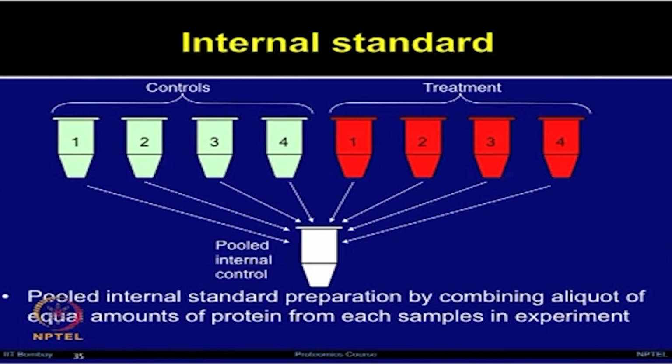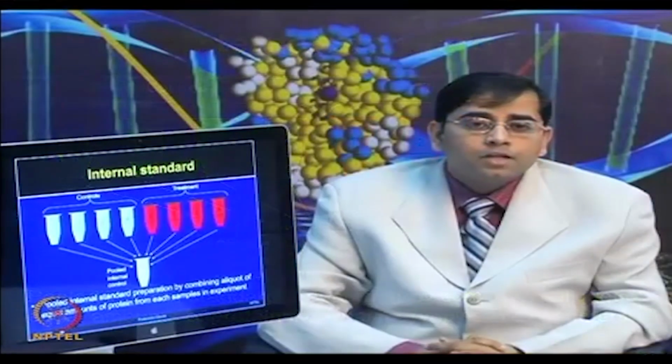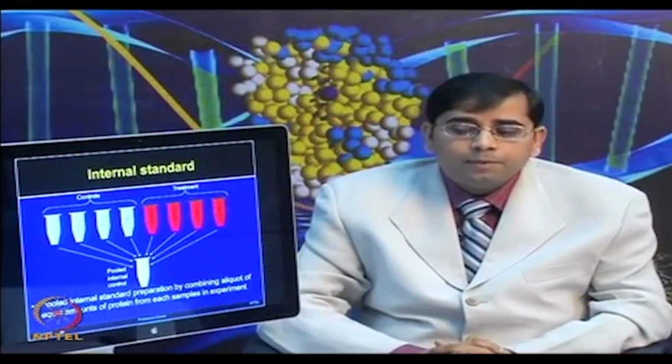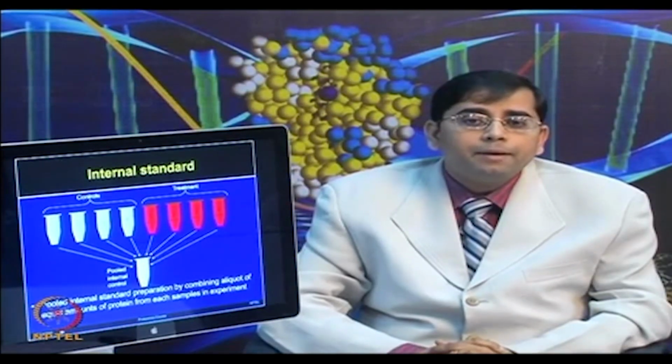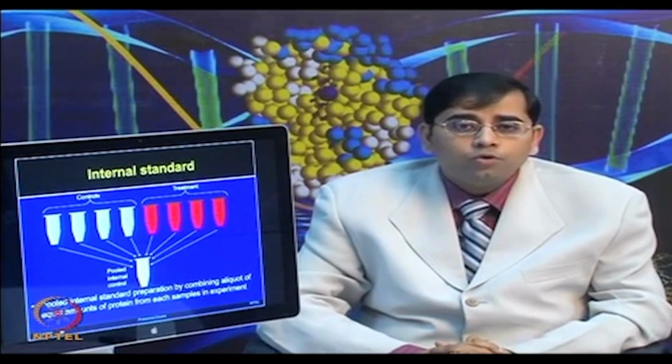To represent all the proteins present in each of these samples, from healthy individuals and diseased patients, first you need to make an internal pool which is representative of all of these 8 samples. So, you can take 25 microliter from each of these 8 samples and make it up to 200 microliter of one pooled sample, which is your internal pooled standard. This pooled standard preparation can be performed by combining aliquots of equal amounts of protein from each sample in the given experiment.